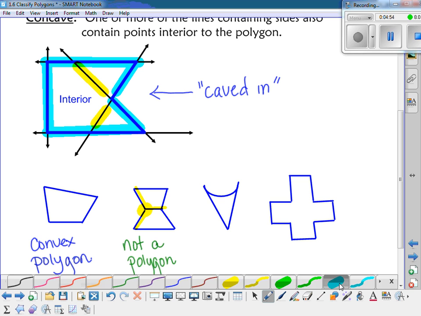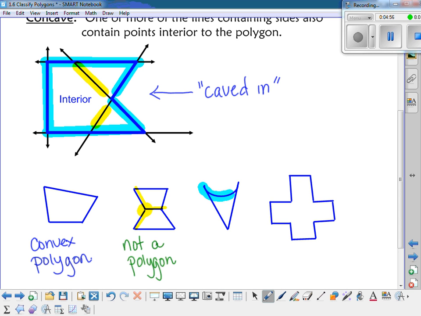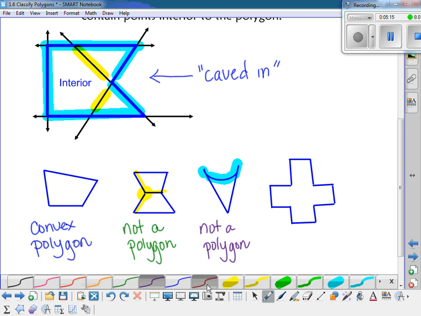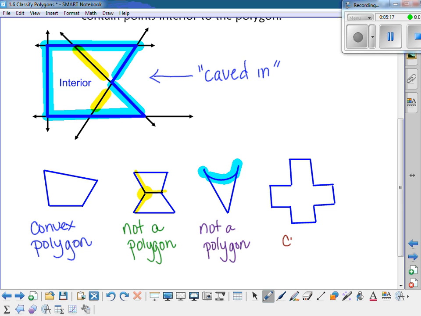So because of this curved side, it's not a polygon because it has to have straight sides. And then if I look at my fourth figure here, this one is a concave polygon, because it's caved in 4 places.